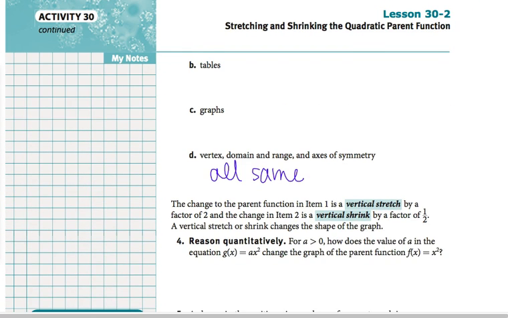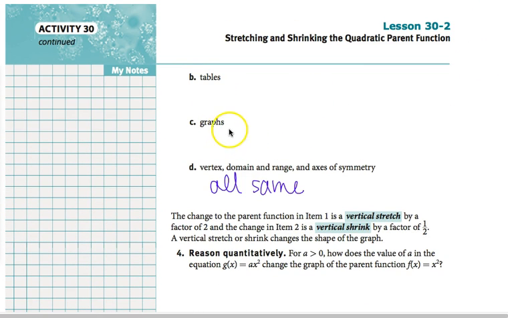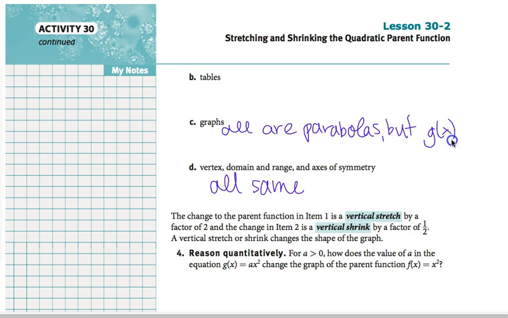So when I compare the graphs, I would just say all are parabolas, but g of x is skinnier and h of x is wider than the parent.